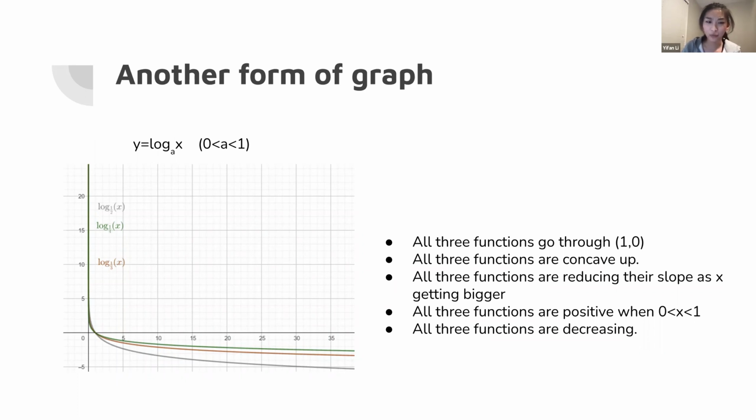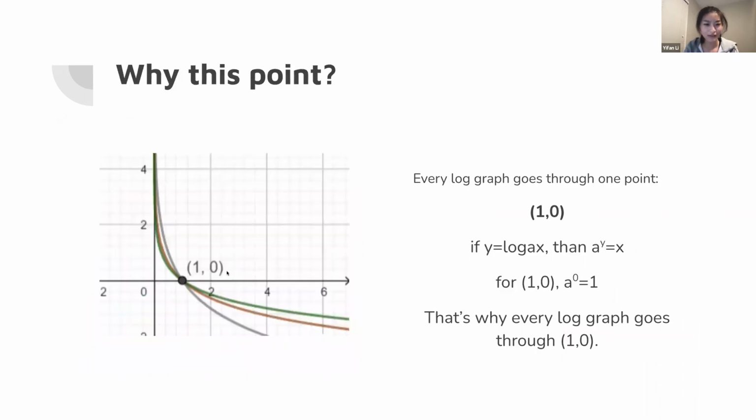It's like the one with a greater than 1, but all three functions are concave up, which is the opposite direction of the other graph. All three functions are reducing their slopes as x becomes bigger, and they are positive when x is greater than 0 and less than 1. All three functions are decreasing.